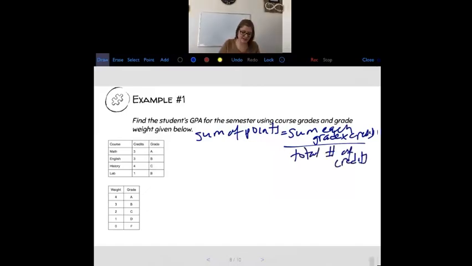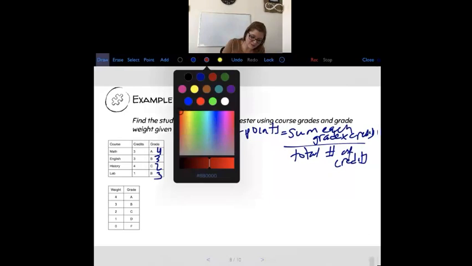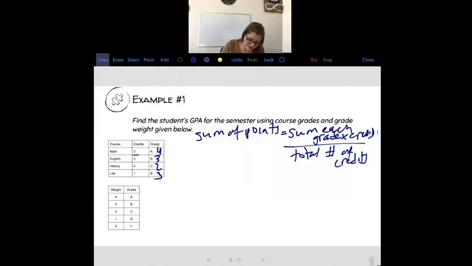In this case, we have the courses listed and the weight that each grade carries. An A carries a weight of 4, a B carries a weight of 3, a C carries a weight of 2, and a B carries a weight of 3. To calculate this weighted average, in the numerator we take each credit times the grade, so 3 times 4, and this is for math. We add that to 3 times 3, which is for English.